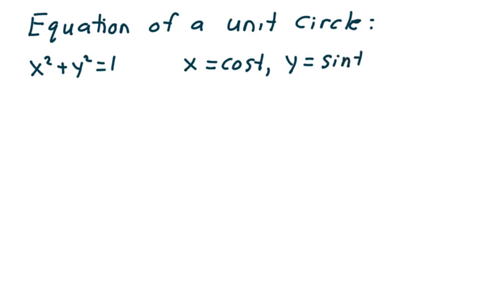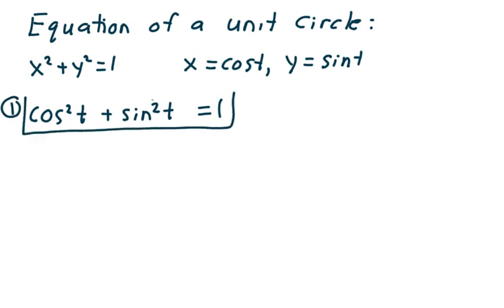And this is one thing I love about the unit circle, because I could directly substitute those values in, and we immediately got one of the Pythagorean identities. So cosine squared t plus sine squared t, here, let me write that a little better. This is equal to 1. Okay, so this is the first Pythagorean identity that we absolutely must know forwards and backwards.